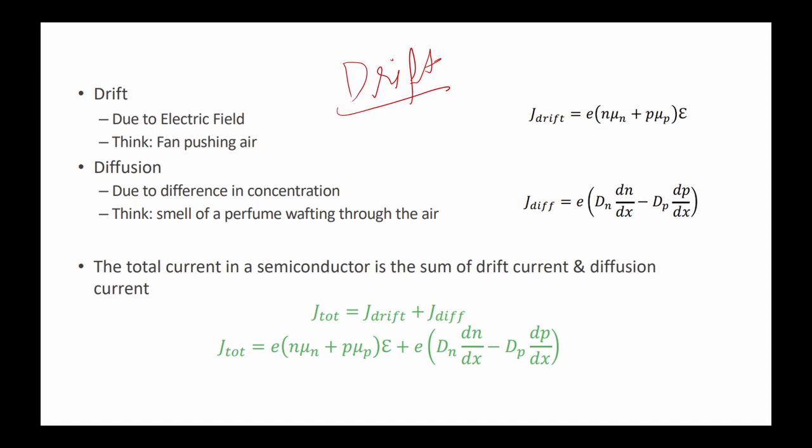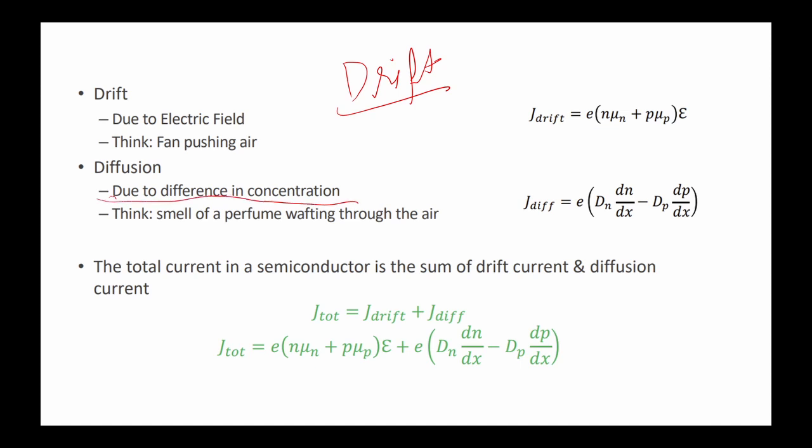Because of the band bending, there is a built-in electric field at the interface, so there is a drift of electrons and holes at that junction. That is the drift current, not the diffusion current. The diffusion current is because of the concentration gradient, the difference in concentration.